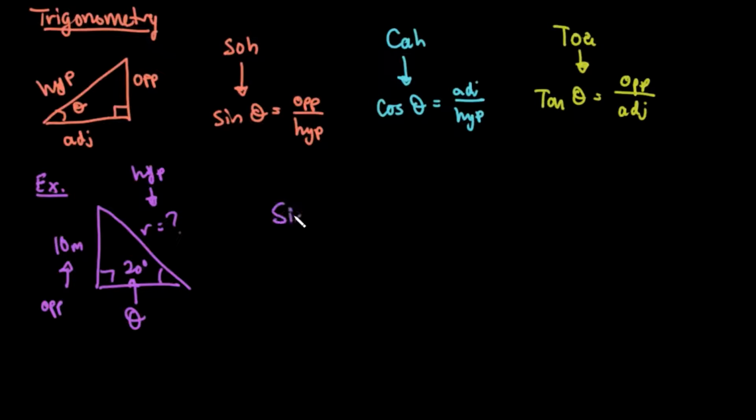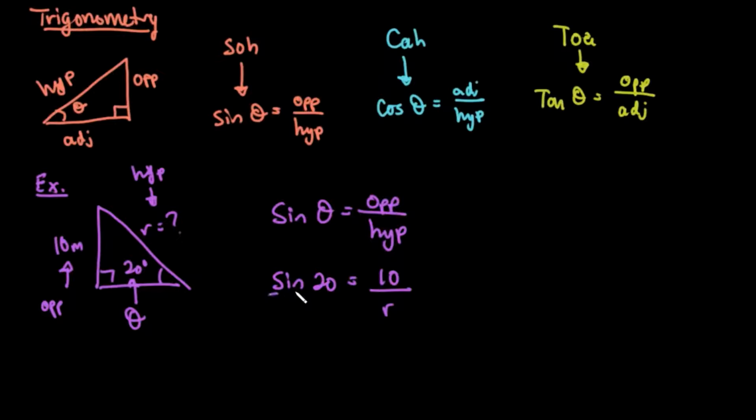So sine theta is equal to the opposite over the hypotenuse. If we plug things in, we replace theta with 20, the opposite with 10, and the hypotenuse with R. We don't know what R is, so we need to isolate for R. The way we do that is cross multiplication.